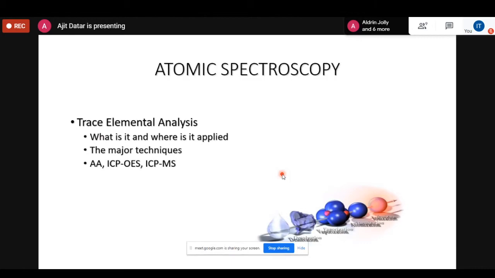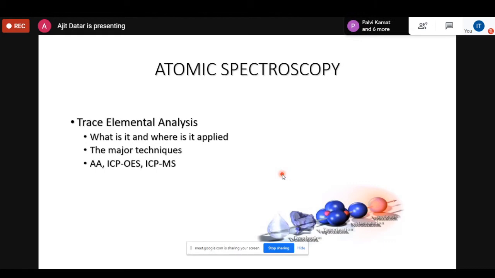In these techniques, what we do is we prepare the sample in the form of their acid salts, that means their chlorides or nitrates. And when these are aspirated at high temperature in a flame or plasma, they will get vaporized, they will get atomized, and these atoms can be used for characterization.